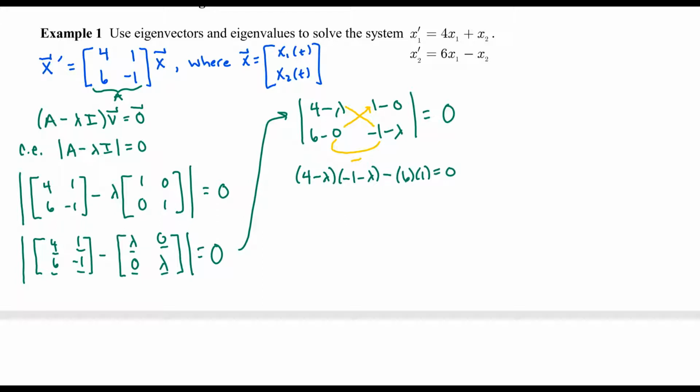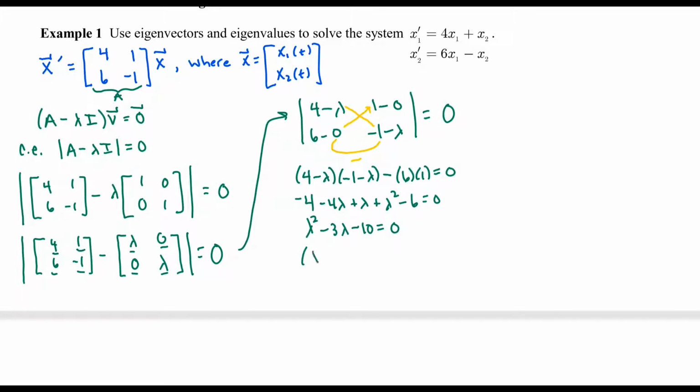That's equal to 0. Completing our FOIL here, we have negative 4 minus 4 lambda plus lambda squared minus 6 equals 0. And simplifying, we come up with the characteristic equation, lambda squared minus 3 lambda minus 10 equals 0.